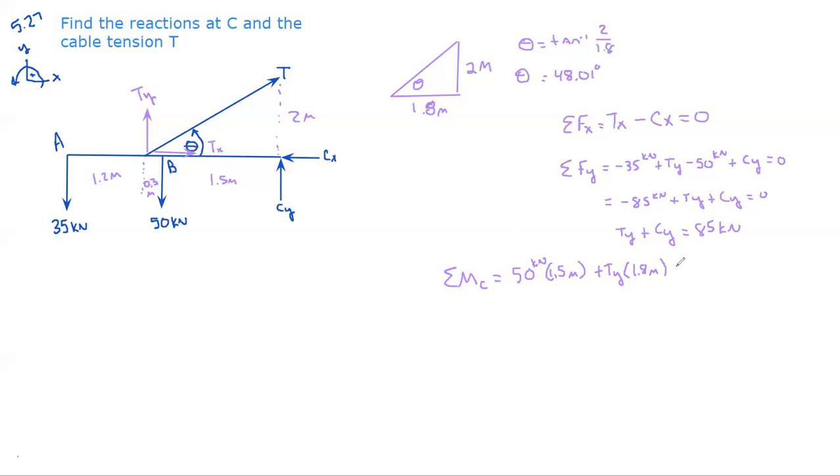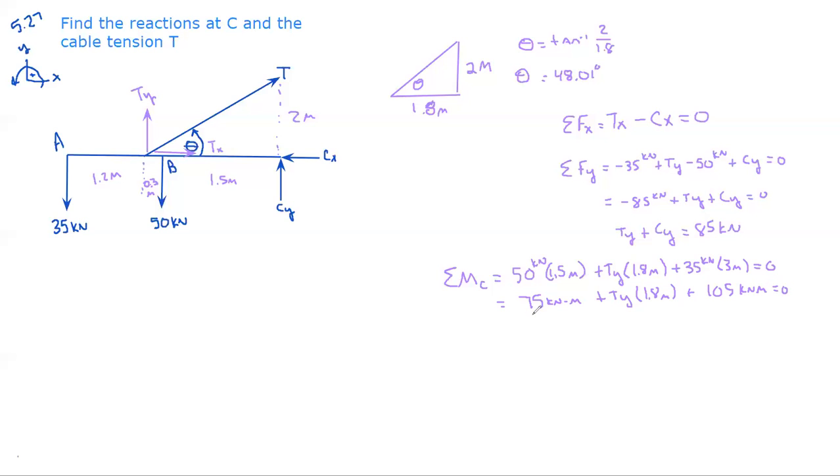And then finally, we have my good old friend over at point A, 35 kilonewton force. It is 3 meters away from point C. We do the arithmetic. 50 times 1.5, I think it's 75 kilonewton meters, plus TY times 1.8 meters, plus 35 times 3, which is 105 kilonewton meters, equal to 0.